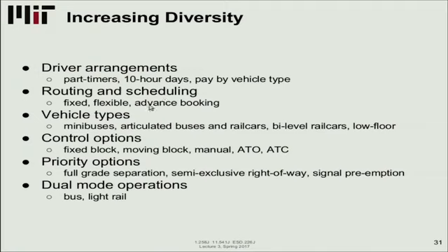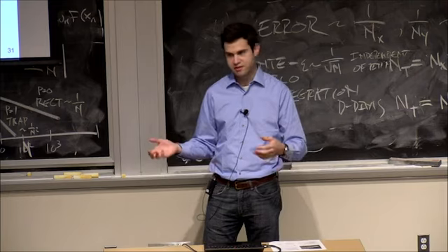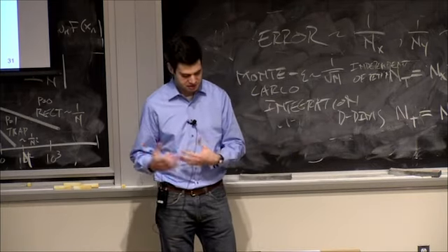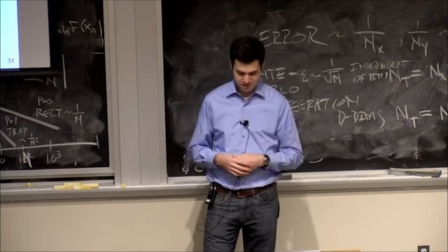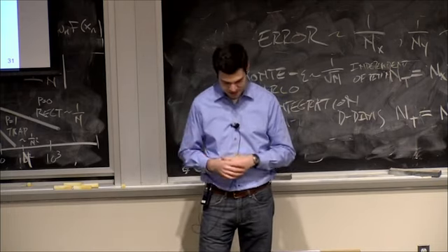Okay, routing and scheduling. So fixed, flexible, advanced booking. So vehicle types. We have all these minibuses, articulated buses, rail cars, bi-level rail cars, low floor. We saw some examples. Control options. Traditionally it was fixed block, but now we have moving block, and we have fancier systems to avoid collisions and to actually control the system to run faster and with more even headway.